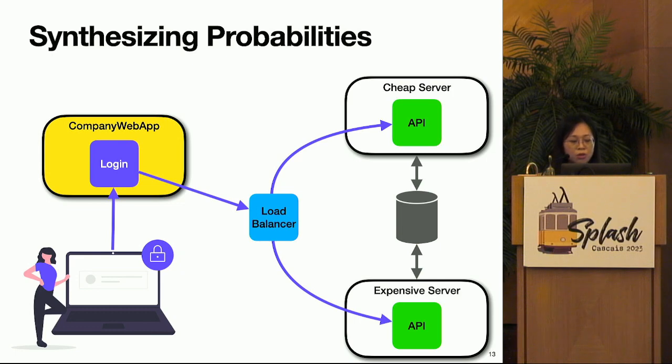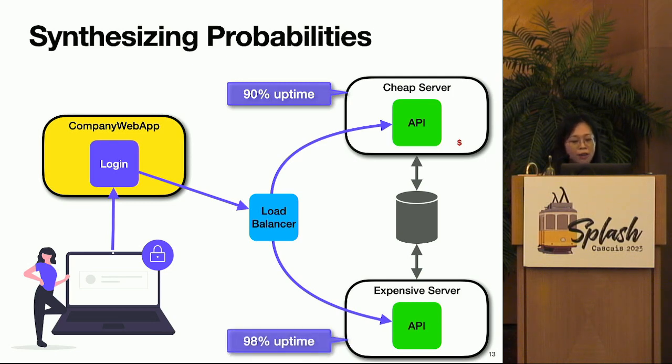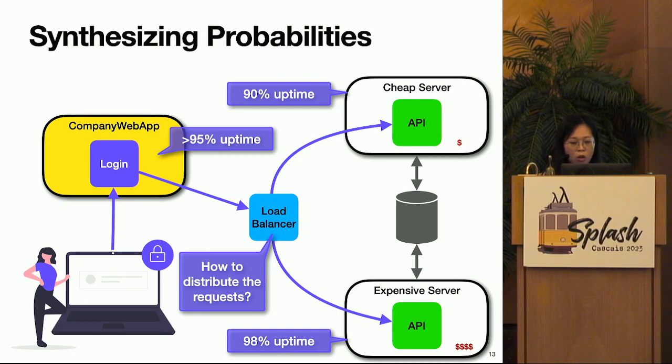Besides, you know that the cheap server has a 90% uptime, and of course, it's very cheap. On the other hand, the expensive server is a very good server, and it has 98% uptime, but it's very expensive. If you want to guarantee at least 95% uptime, how should we distribute the request?